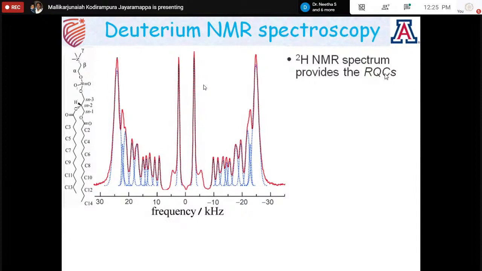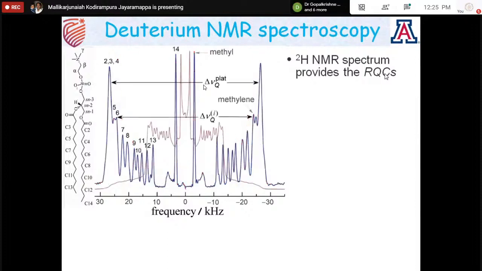Once we record this NMR spectrum, we analyze the data by calculating the area under each curve. Once we know the area under each curve, we assign how many atoms might be contributing to one signal.